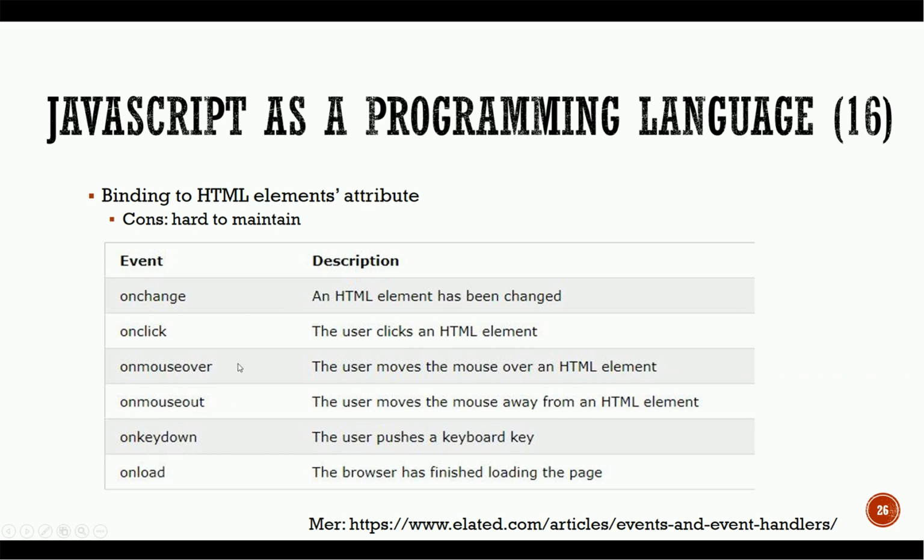So there can be other attributes as well. Even though it is hard to maintain, when we write simple JavaScript with a small amount of code, it is sufficient to add the code directly inside the page using these events.